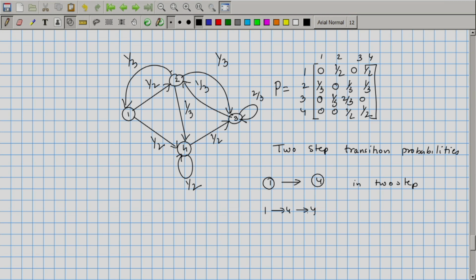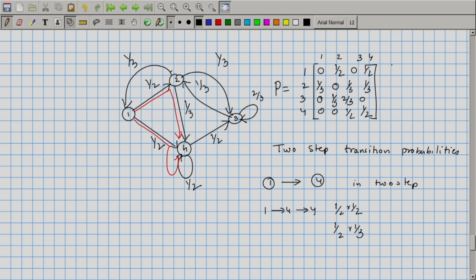That is one way. The other way would have been go here and then go here. So, these are the only two possibilities, and that will happen with probability 1 by 2 into 1 by 2, and the other one happens with probability 1 by 2 times 1 by 3.